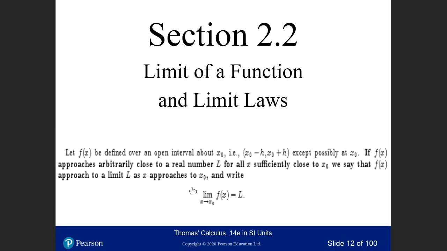If f of x approaches arbitrarily close to a real number L for all x sufficiently close to x0, we say that f of x approaches a limit L as x approaches x sub 0, and write this as the limit as x goes to x sub 0 of f of x is L. That's actually a crude definition of the limit, because we have to put a measure on what approaches arbitrarily means, or what sufficiently close means.